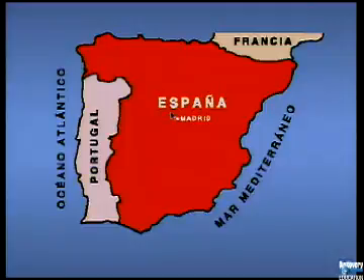Here it is, España. Now, Spain is located on this, which is called the Iberian Peninsula of Europe, along with the country of Portugal right there. Now, the official language of Spain is called Castilian. Now, Castilian is the language that we are studying.